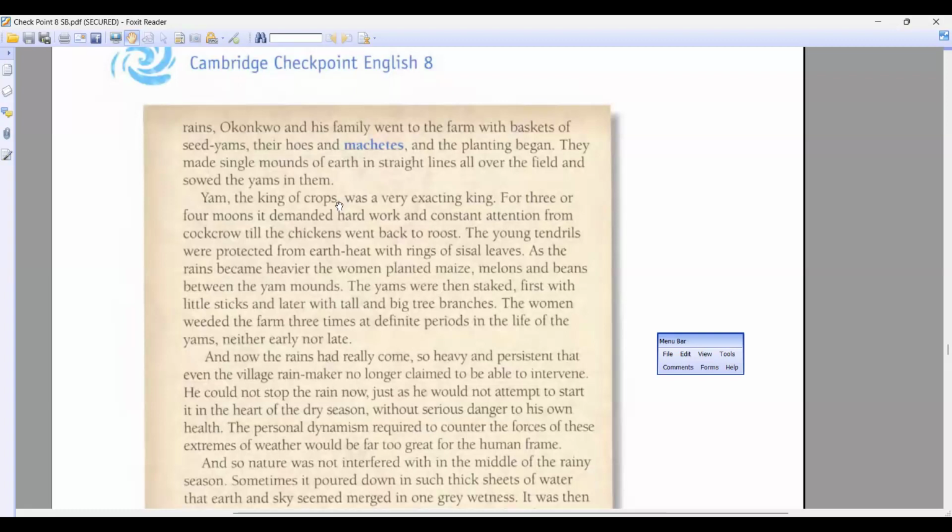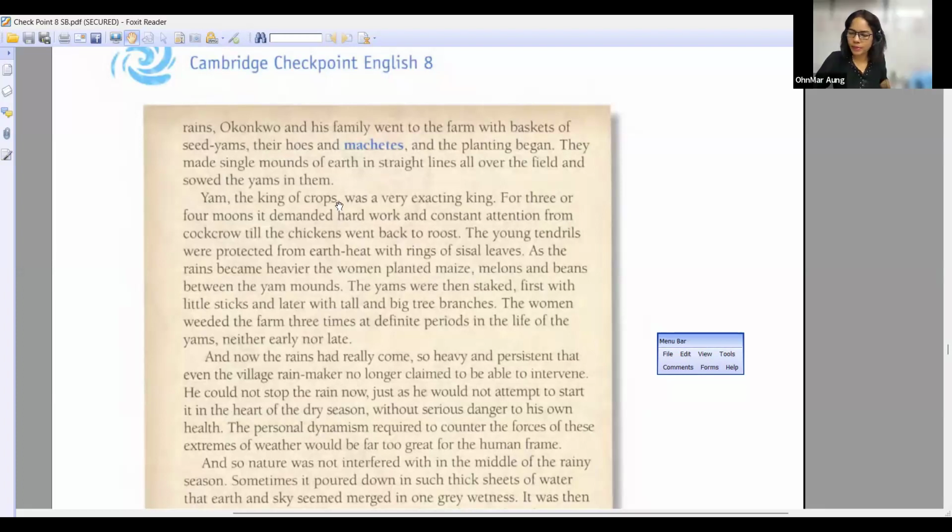As the rains became heavier, the women planted maize, melons, and beans between the young mounds. The yams were then staked, first with little sticks and later with tall and big tree branches. The women weeded the farm three times at definite periods in the life of the yam, neither early nor late.